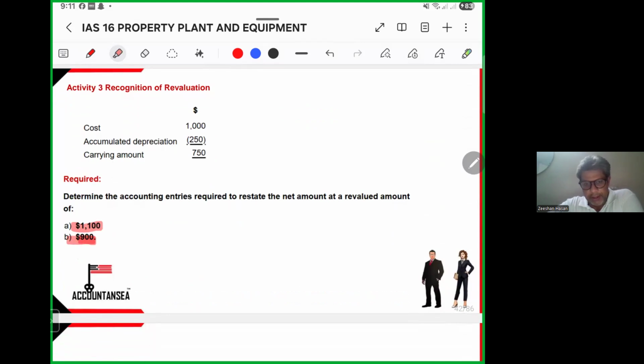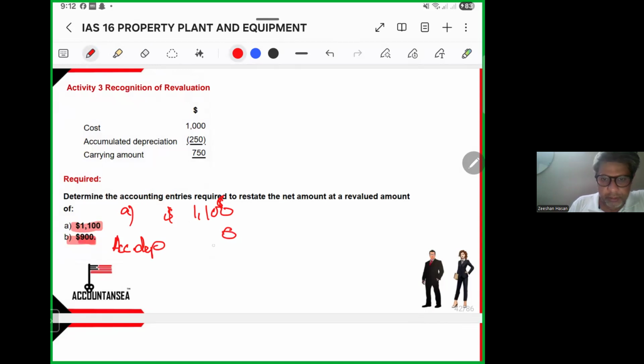So first, part A, in which our cost is $1,100. Now, the accumulated depreciation after the revaluation is zero. So the carrying amount of the asset will be 1100.